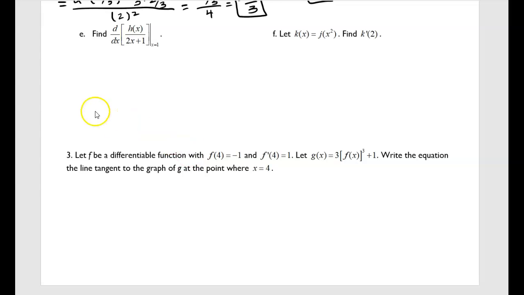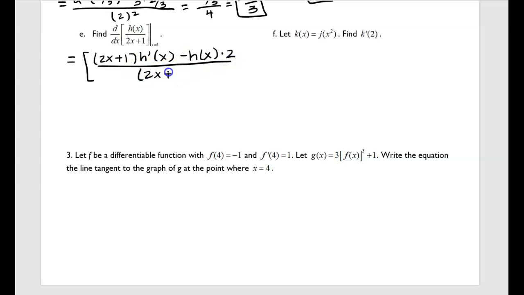So for part E, we have h of x over 2x plus 1, and we want to find the derivative at x equals 1. So we will use quotient rule here. So I'm going to do my low, d high, minus high, d low, draw my line, square my low, 2x plus 1 squared, and I'm evaluating at x equals 1.